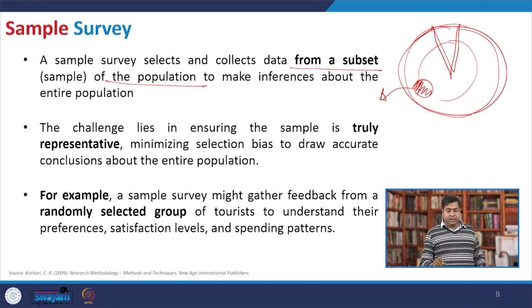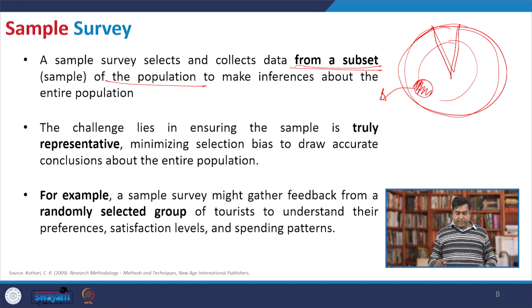Similarly, a sample is a subset of the entire population, so we don't need to survey each and everybody. That way it will have some kind of representativeness and less resource consumption, and it can also help to represent the population characteristics.